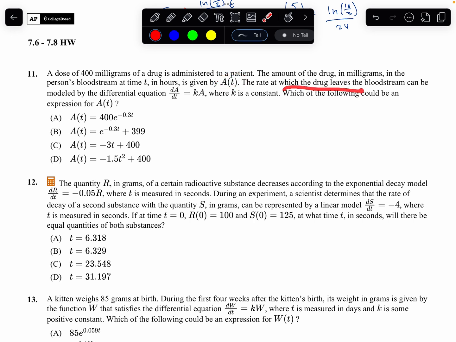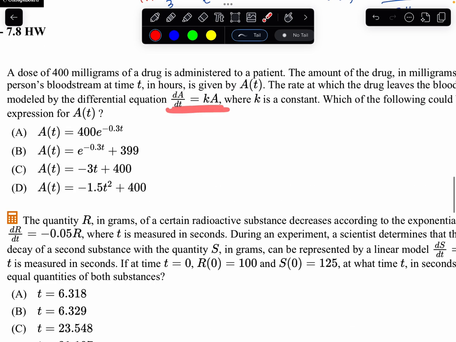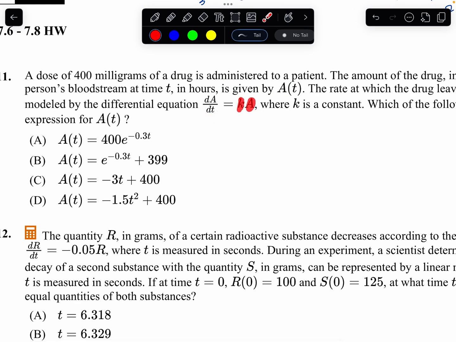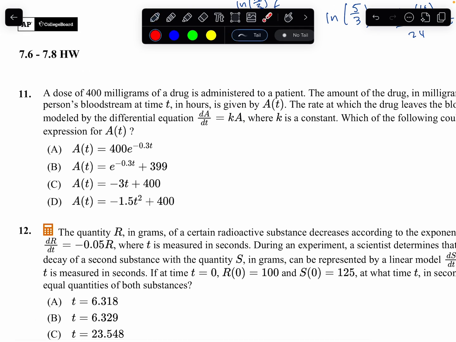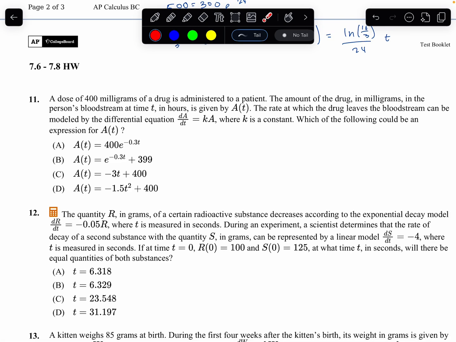The rate at which the drug leaves the bloodstream can be modeled by the differential equation here. This is an exponential because you can see that it's proportional to itself right there. That's what we're looking for. Those are the same variables, so that means it's proportional to itself. What type of equations are proportional to themselves? Exponential equations. Where k is a constant, which of the following could be an expression of A of t?